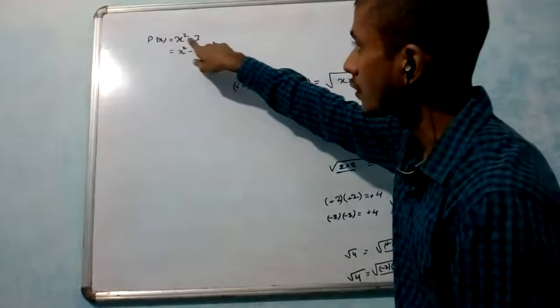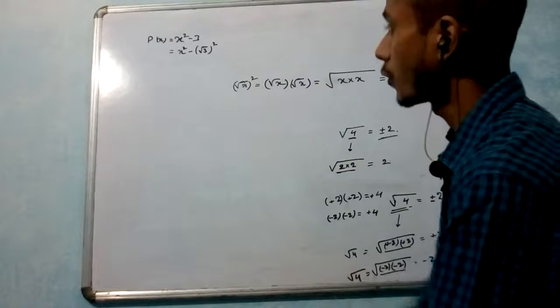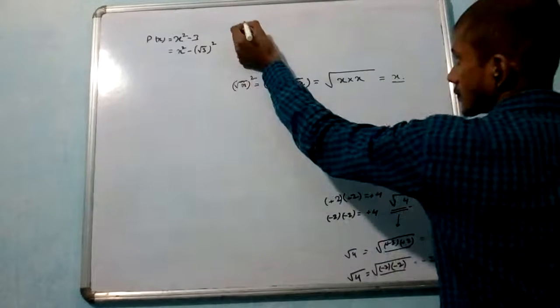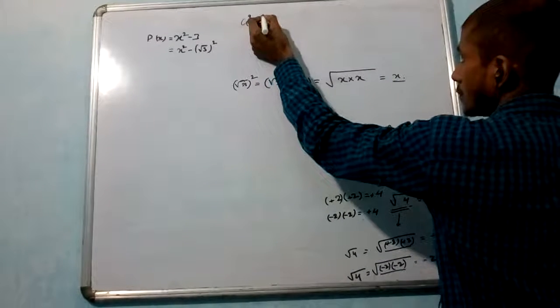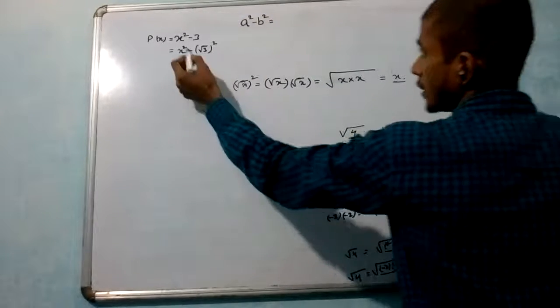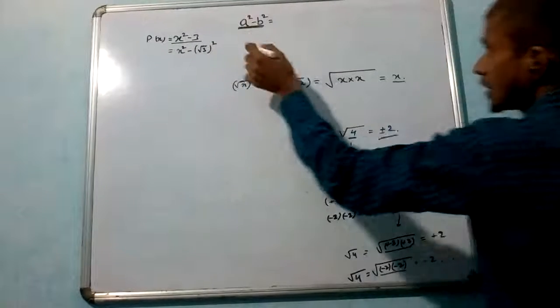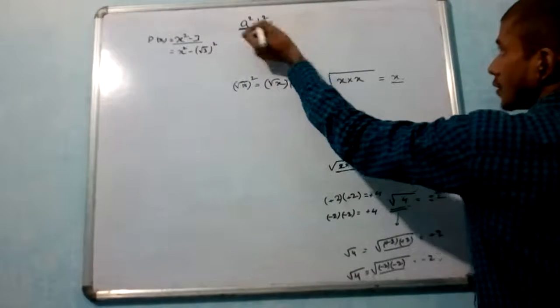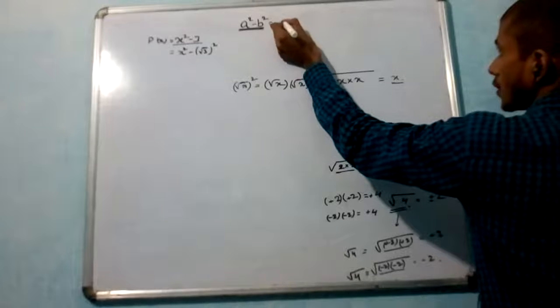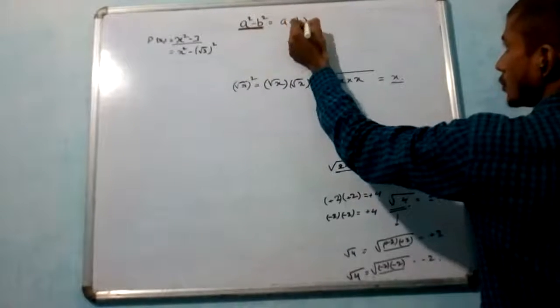So what we can do, we can use the a square minus b square formula. If we get this x square minus 3 in this form, then we can easily use this identity to get our simple terms, a plus b into a minus b. Do you remember?